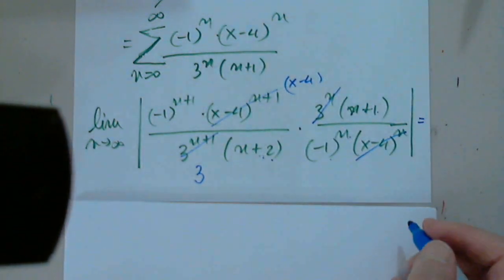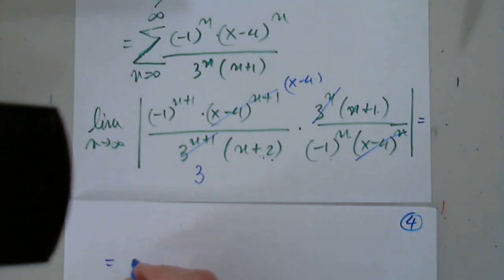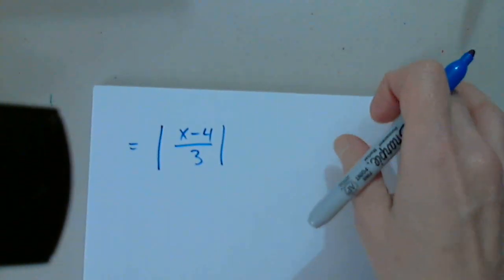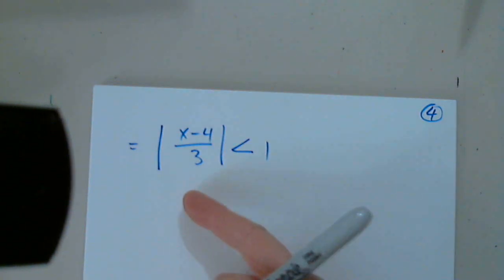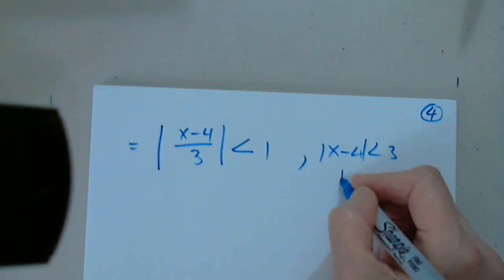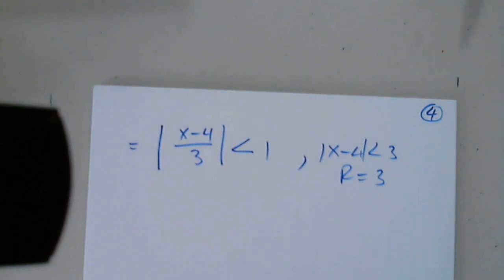So what is left, that's my page 4, is the absolute value of x minus 4 divided by 3. By the ratio test, for the series to be convergent, it has to be less than 1, which really translates into the radius of convergence 3.